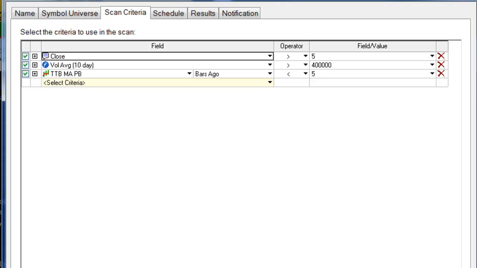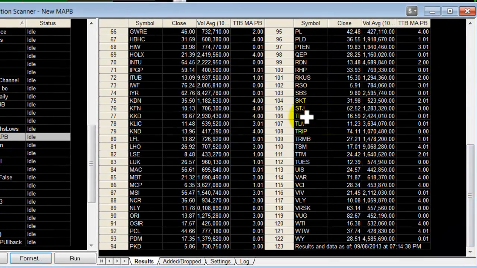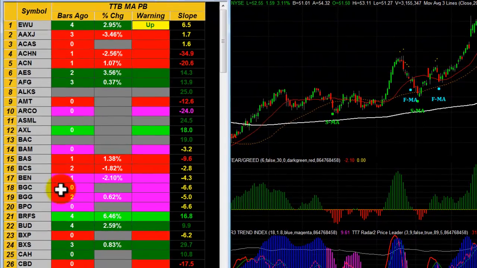So in the last 4 bars. I ran this and I came up with these 123 different symbols, which I included in my radar screen here.